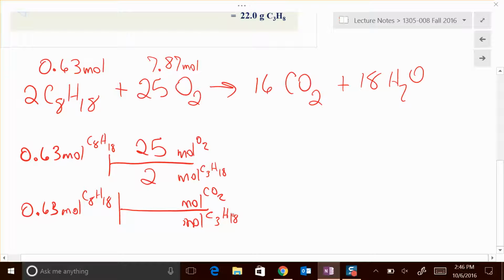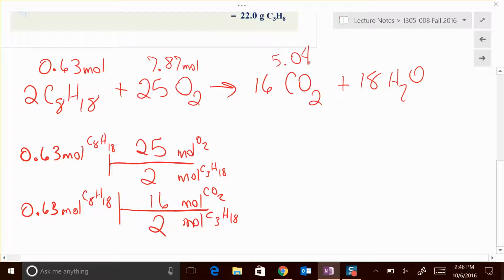What number goes on top? What number goes on bottom? That's the relationship, right? 16 moles of carbon dioxide for every 2 moles of C8H18. That's how I'm going to convert that. What does it come out to be?